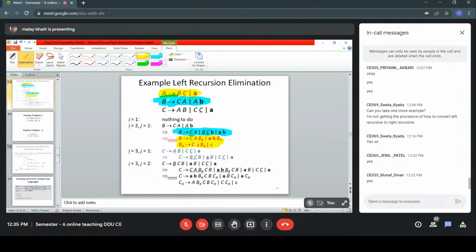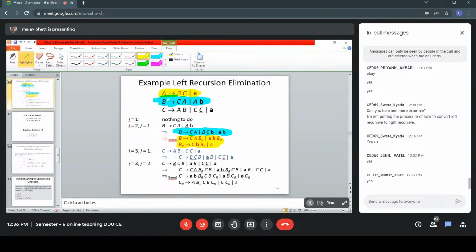If yes, do that. These are the 3 rules you have to keep in mind. First, eliminate immediate left recursion. Second, if it is not there, do the replacement if possible by the previous rules only, not by all the rules. And then after doing a replacement, if we get immediate left recursion, we have to eliminate that.